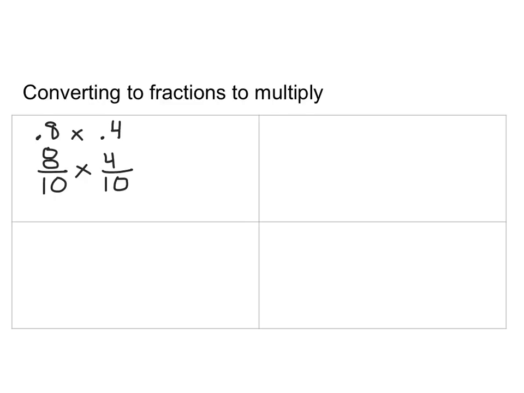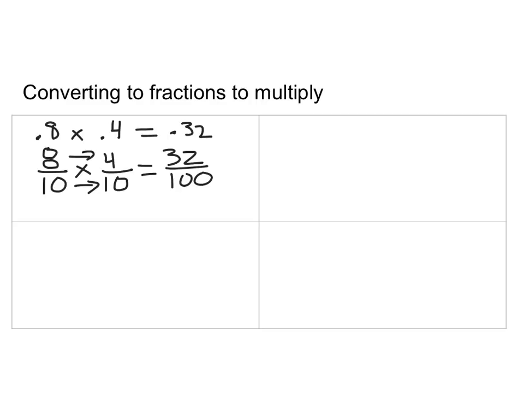Now, once we have that, we can use our multiplying fraction algorithm, multiplying straight across, which gives us 32 hundredths. And then also, like we worked on the last screen, we know that 32 hundredths can be written as 0.32, 32 hundredths.